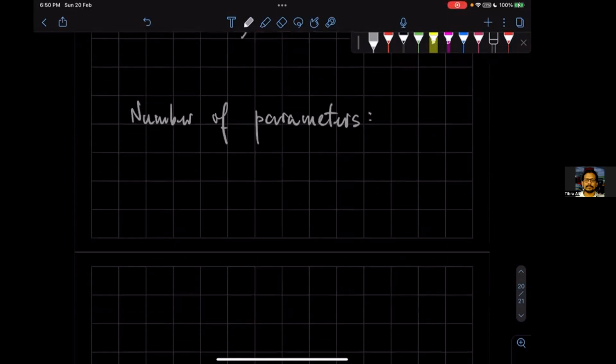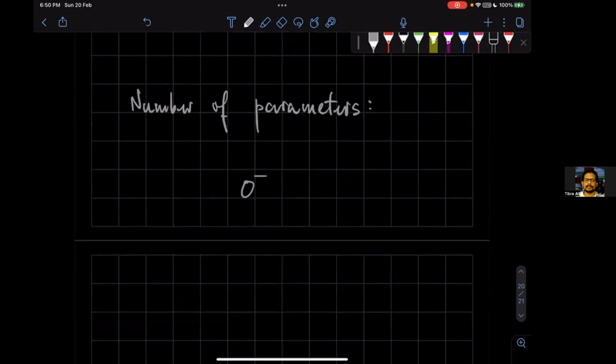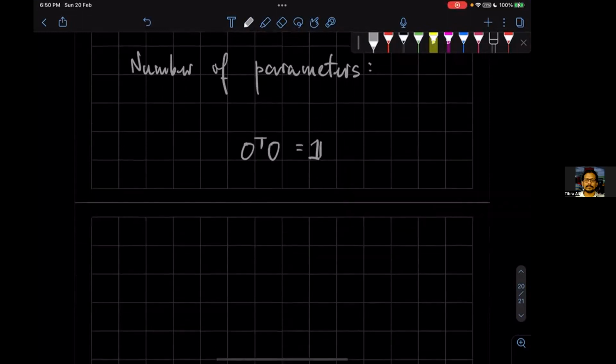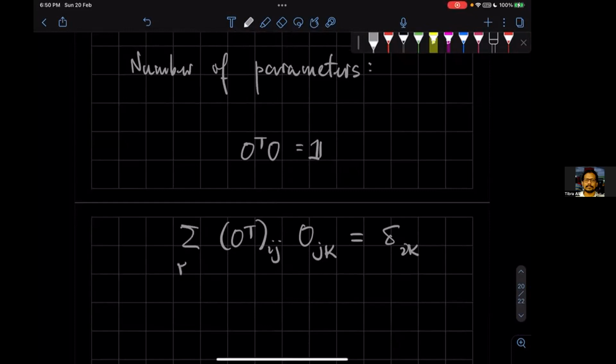Okay. So let's look at the O transpose O condition. If I write it now in matrix notation, then it's O transpose Ij, O Jk is equal to delta Ik, and there's a sum over J. J goes from 1 to 3.